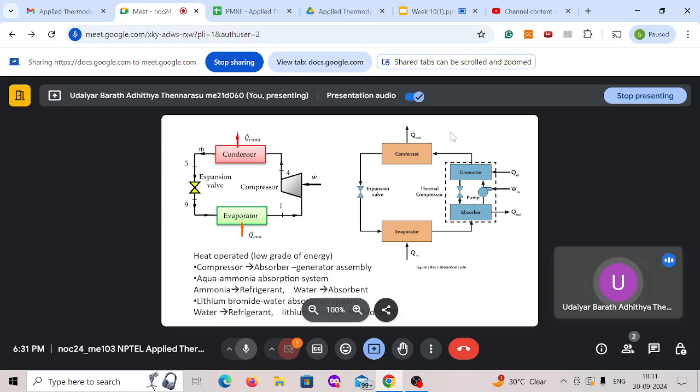Here the heat engine is operated between the generator and the absorber. COP is Q by W, and this W is generated by this engine, so it is equal to W by the Q which you are providing, Q in.